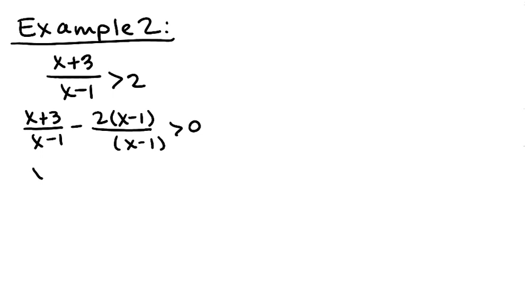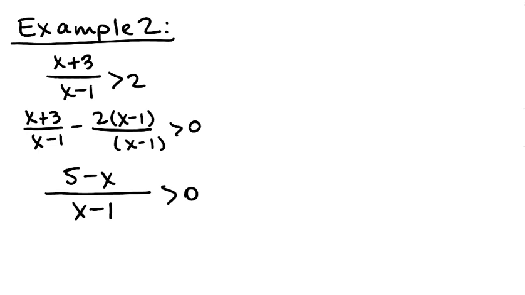And I'm going to have x plus 3 minus 2x minus 2. Okay, so that's going to be x plus 3 minus 2x plus 2 more. So this is going to end up being negative x plus 5, or 5 minus x. And we still have that same denominator of x minus 1. That's why we get the common denominator, so we can add these fractions and turn them into one fraction that we can analyze.